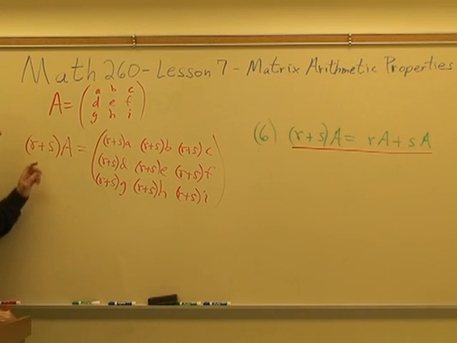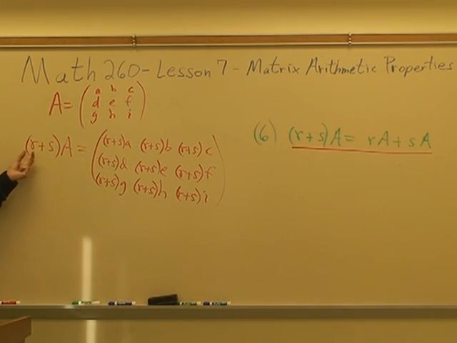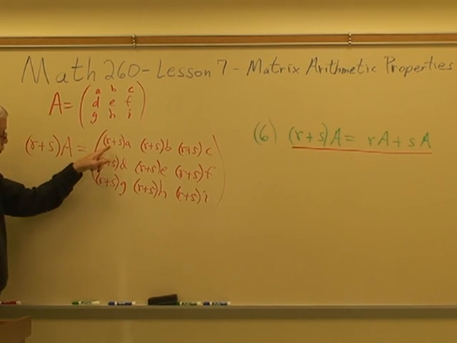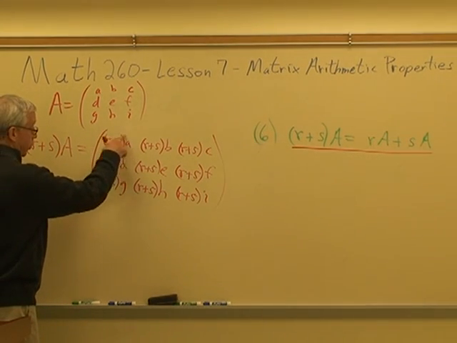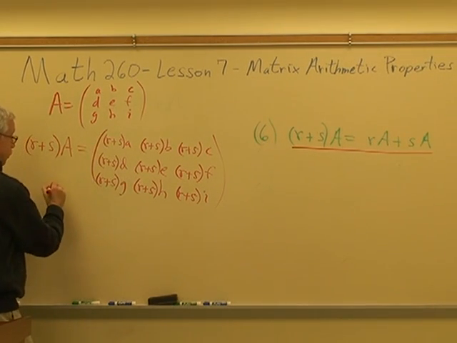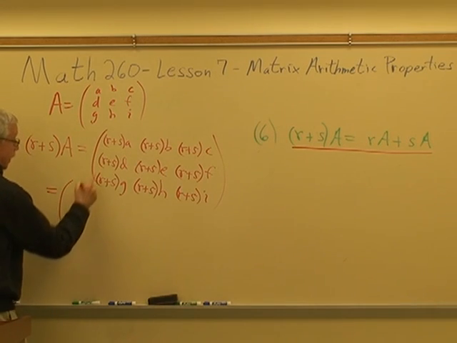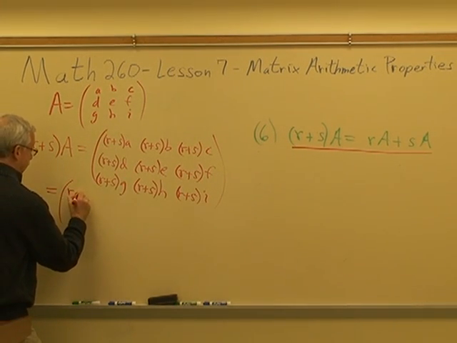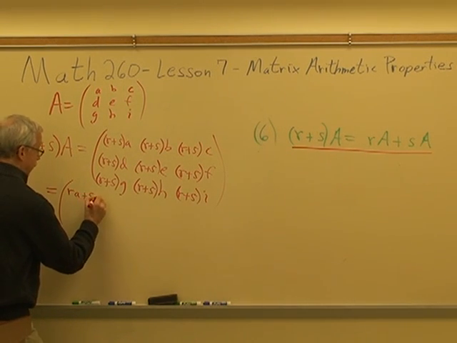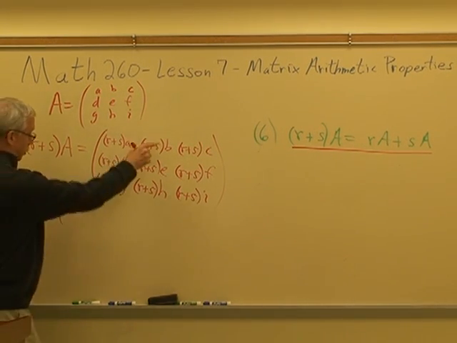Here we go. So there's the quantity r plus s, that's actually going to be a single number when I do the arithmetic, and it multiplies each of the elements. But each element in here, the way I compute this is with regular old real arithmetic. So what can I do? I can use the distributive law on each one of those. So if I distribute (r plus s) times a, that's the same as ra plus sa. And similarly on the others.